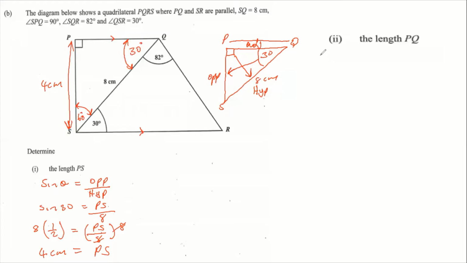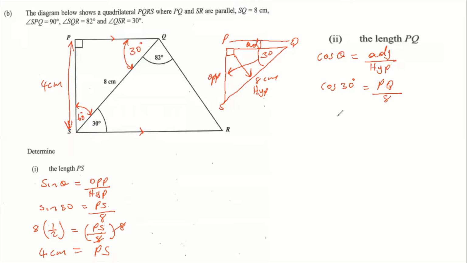Let's remind ourselves. So the cosine of an angle, which is cosine of theta, is always going to equal the adjacent length divided by the hypotenuse length. The angle in this case, that's just going to be cosine of 30 degrees is equal to PQ, which is what we want to find, divided by 8.